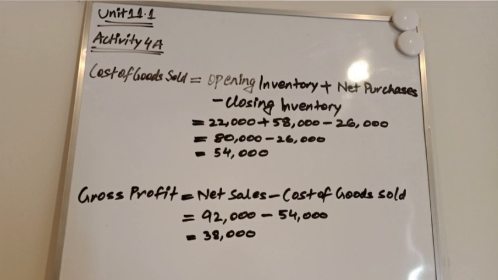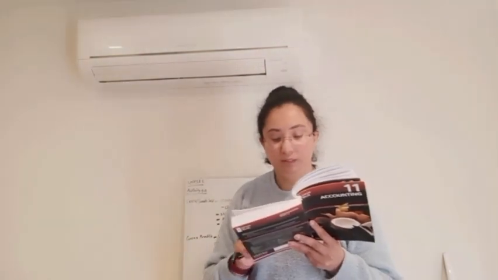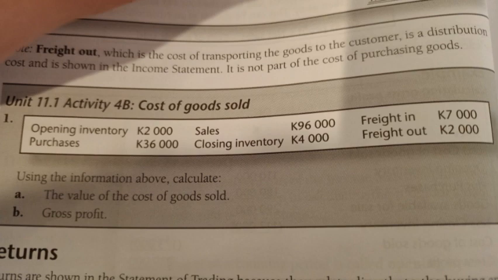And then the gross profit would be net sales minus cost of goods sold. Net sales they are given 92,000 and cost of goods sold we calculated as 54,000. So 92,000 minus 54,000 gives us 38,000. That's the gross profit.